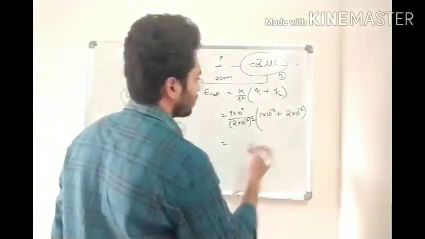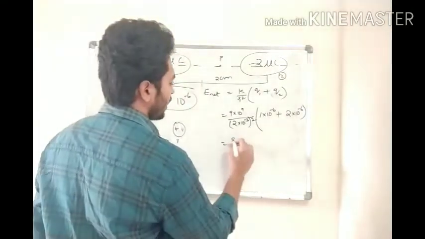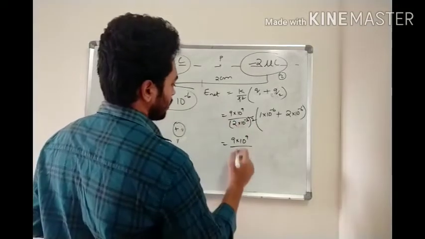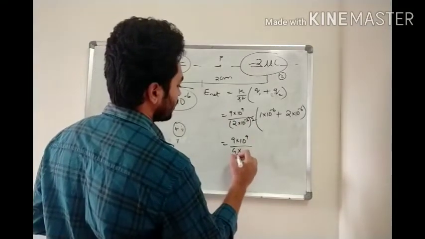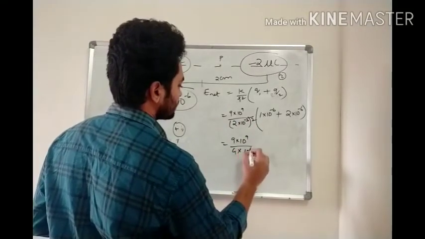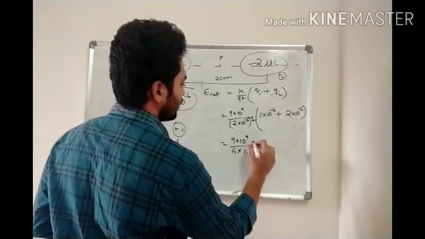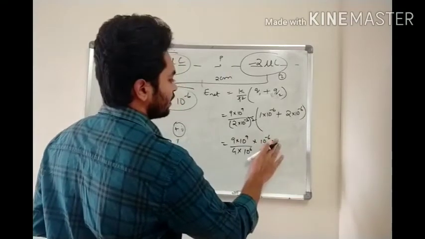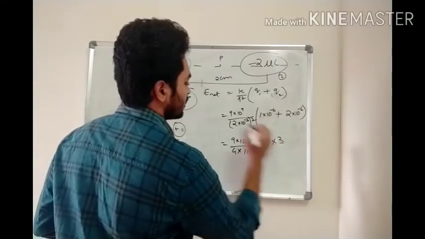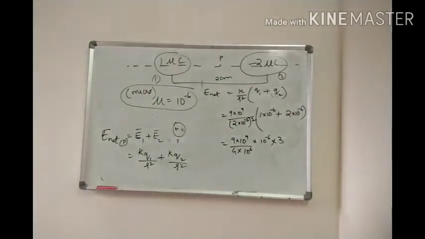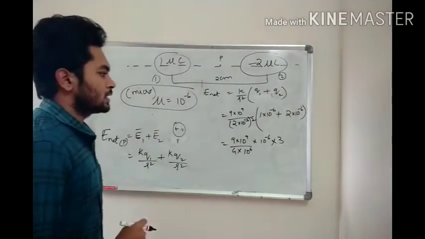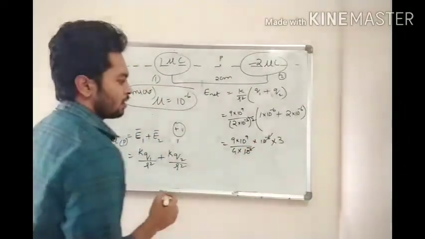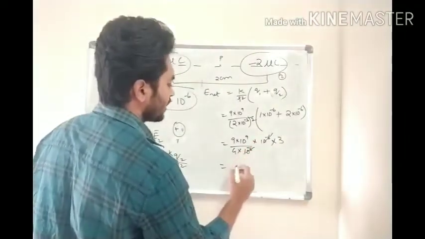So what are you going to get here? 9 into 10 power 9 by 2 square, which is 4 into 10 power minus 6, into, taking 10 power minus 6 common, 2 plus 1, 3. So 10 power minus 6 and 10 power minus 6 cancel. So what finally are you going to get?